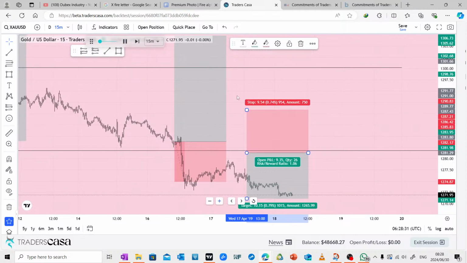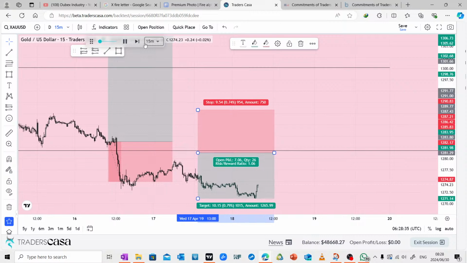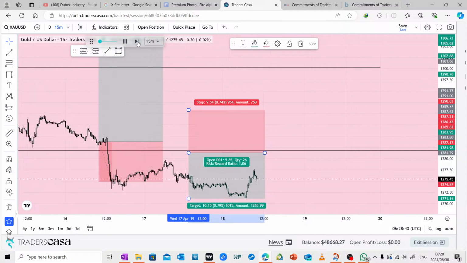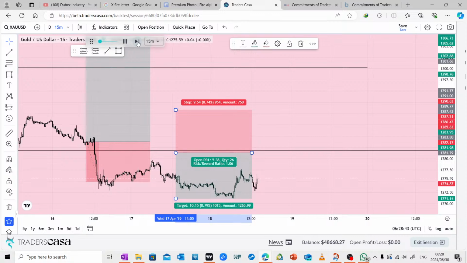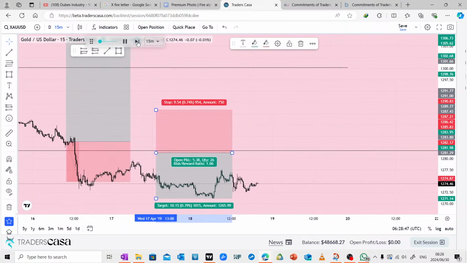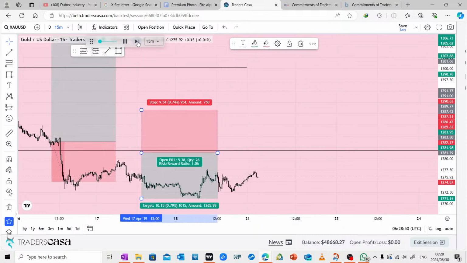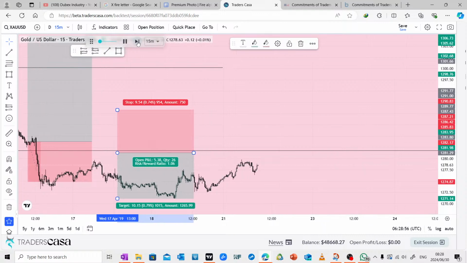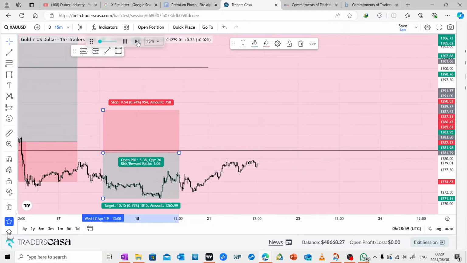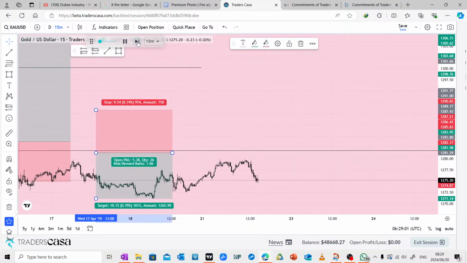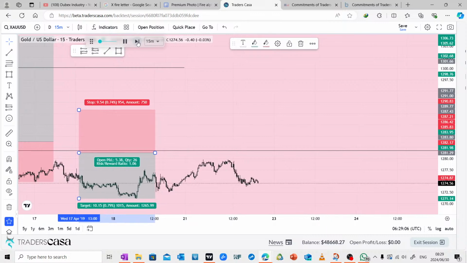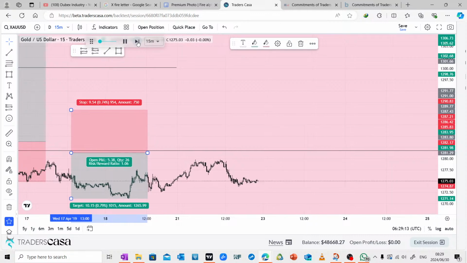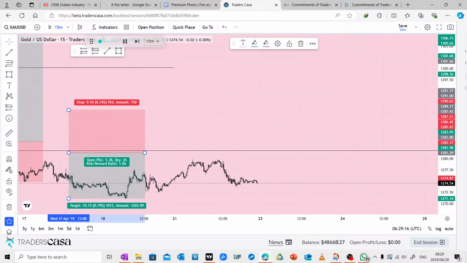Okay, we've already made a lower low, so gold can range if it wants to. But yeah, guys, so that's it.